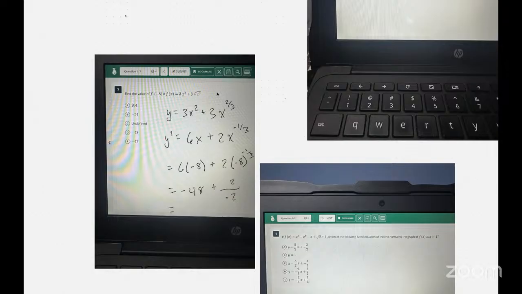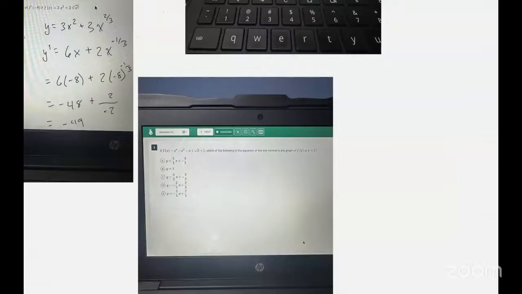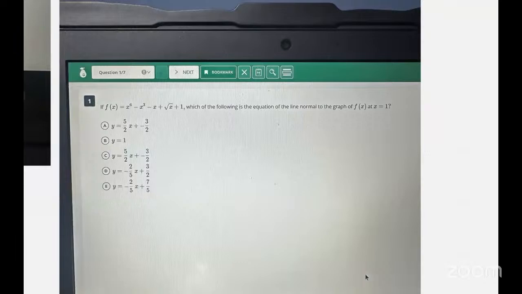Number one, the one at the bottom, it says, which of the following is the graph of the line normal to the graph of that at that? So the normal, first you're going to take the derivative of that, and then you're going to find the slope of that. So that would be 6x to the fifth minus 3x squared minus 1 plus 1/2 over root x.